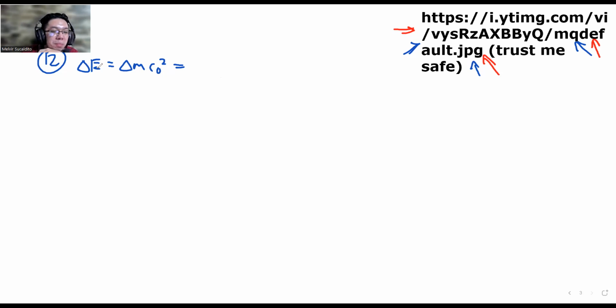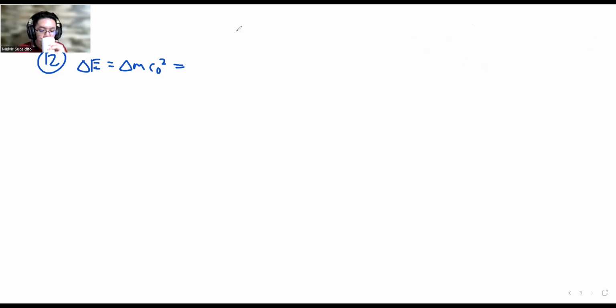For number 12, an alpha particle was released. If antimatter has mass, then what has negative mass?